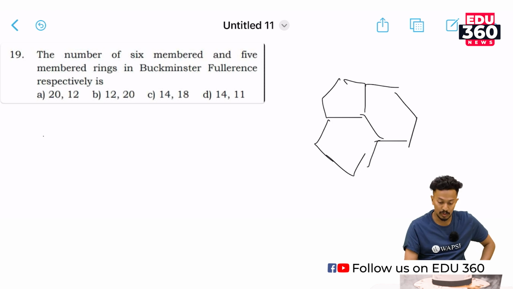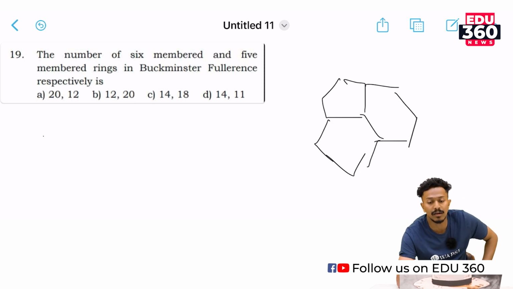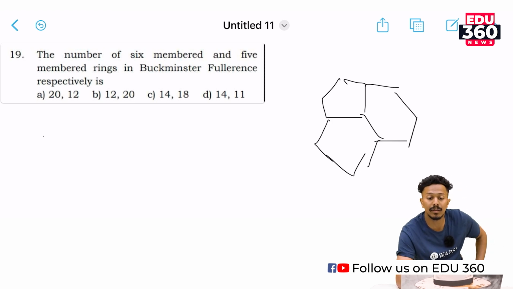In this question they are asking the number of 5-membered pentagonal and 6-membered hexagonal structures you could see in fullerene.